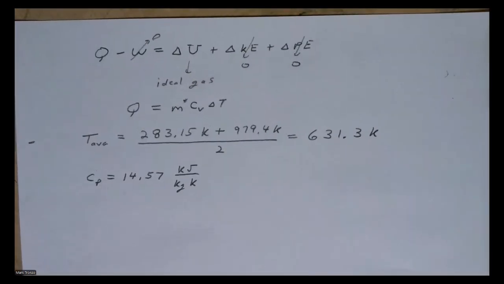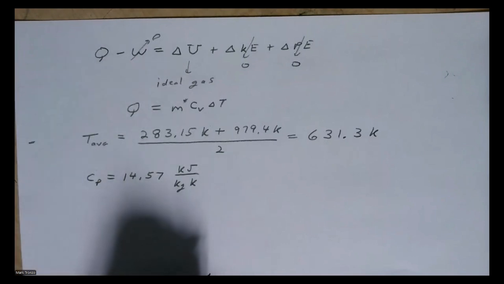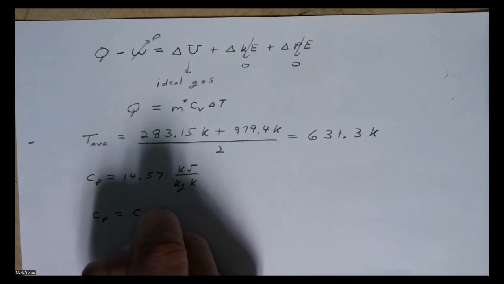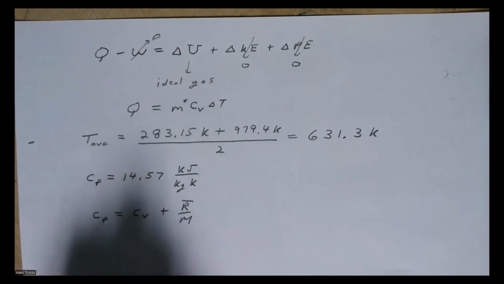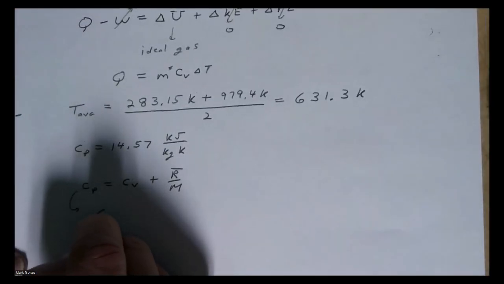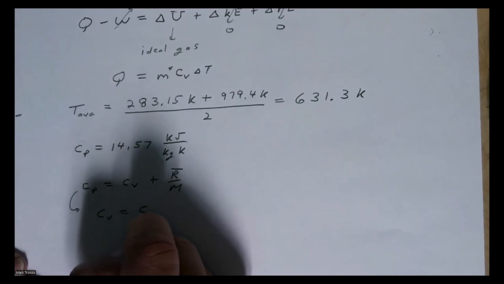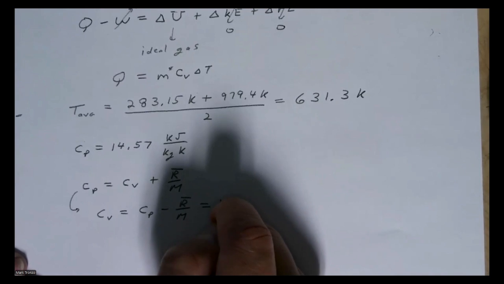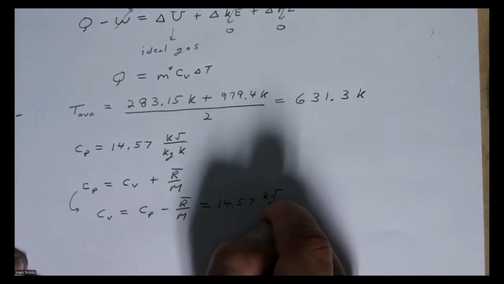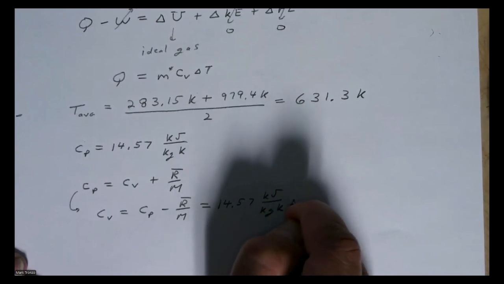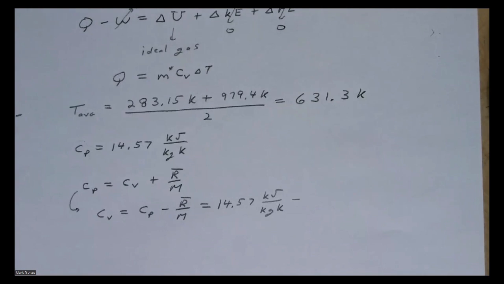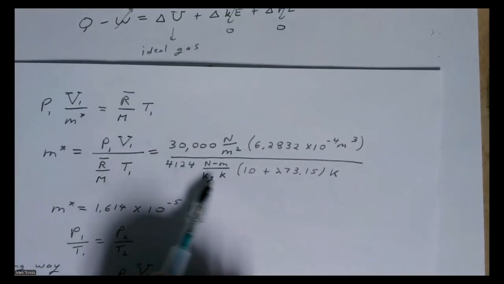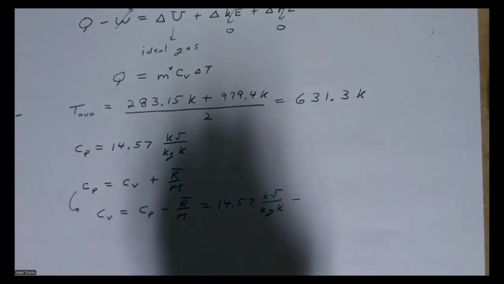Like this. Now, again, we don't have C_V, but you remember the relationship is that C_P is equal to C_V plus R over M. So we can rewrite this to say C_V is C_P minus R over M. And so it's going to be 14.57 kilojoules per kilogram K. And our R, when we originally looked that up, remember that was 4.124 kilojoules per kilogram K. I converted it, but it's 4.124.